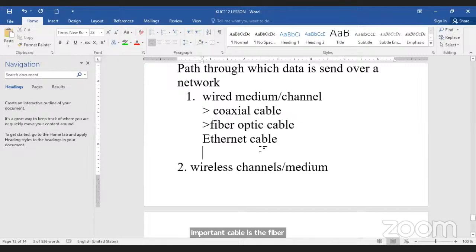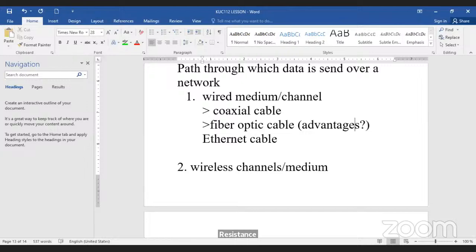What are the advantages of using fiber? Maybe someone can ask you. What are some of the advantages of fiber compared to these other cables? Resistance. Now we are in technology.